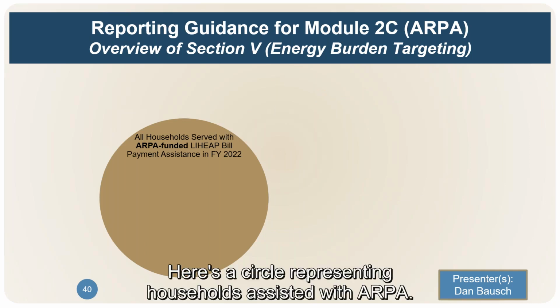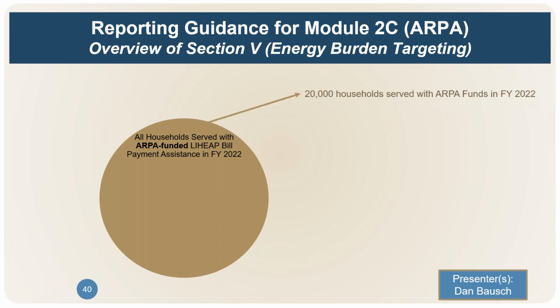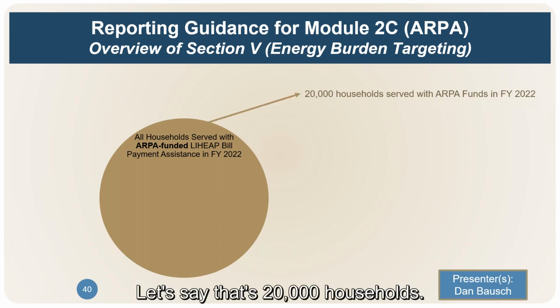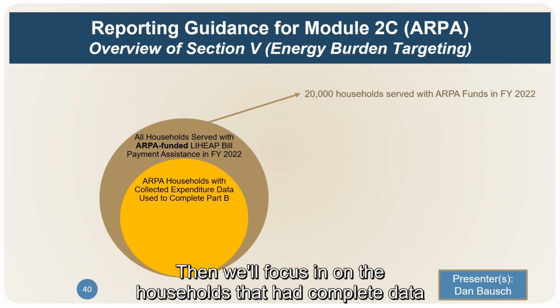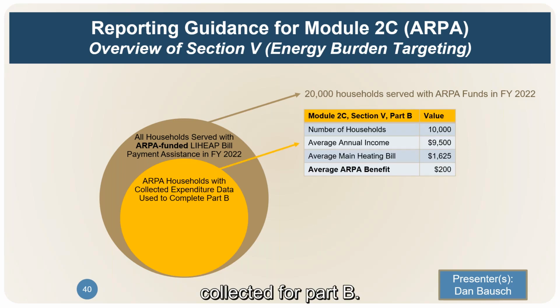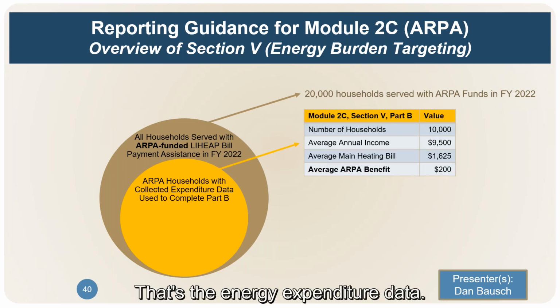Here's a circle representing households assisted with ARPA. Let's say that's 20,000 households. Then we'll focus in on the households that had complete data collected for part B, that's the energy expenditure data.